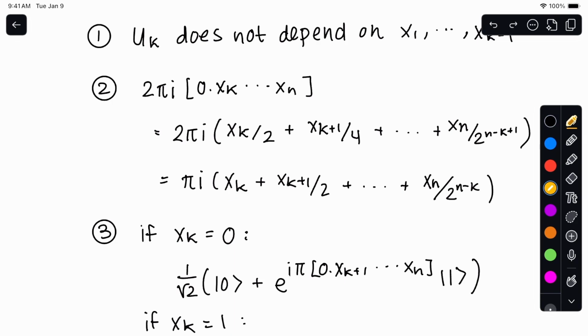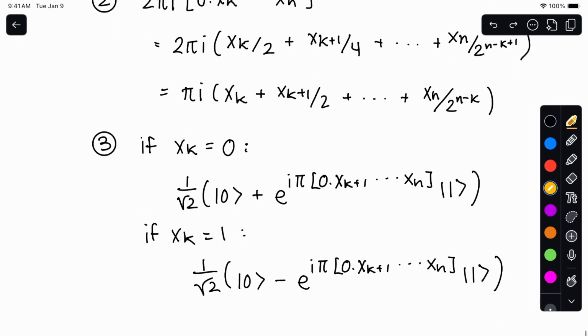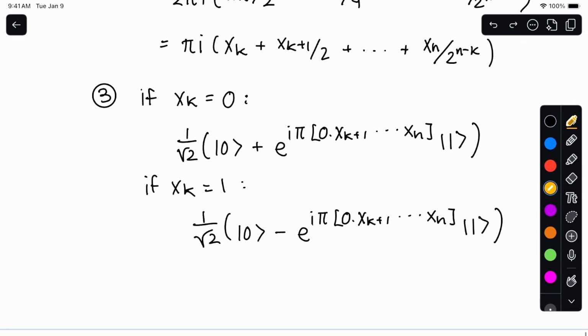We can consider what happens depending on what xk is. If xk is 0, then this first term is going to be 0, and we can re-express this part as a new binary fraction, because we added in a factor of 2, so that shifts everything up by 1 point.